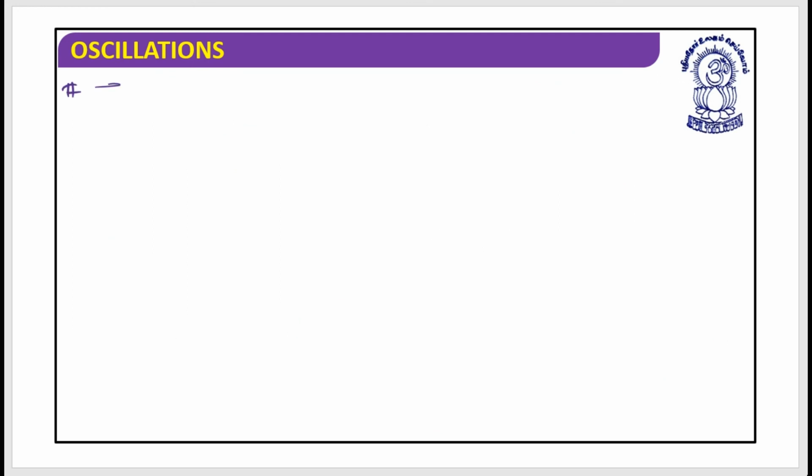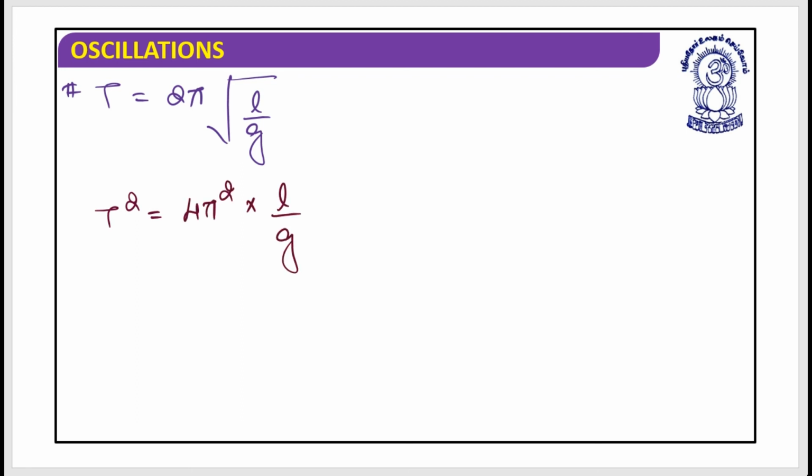We know that T is equal to 2 pi root of L by g. And if such is the situation, we have T square equal to 4 pi square multiplied by L divided by g.